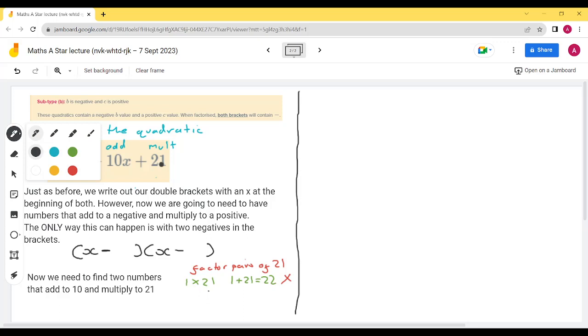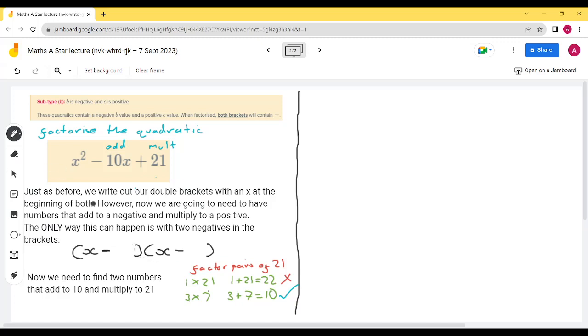Now 2 doesn't go into 21 because it's an odd number, but we can have 3, so we can do 3 times 7, and then 3 plus 7 equals 10. Yeah, equals 10. And so we know that's what we're looking for, because we need numbers that add to 10 and multiply to 21.